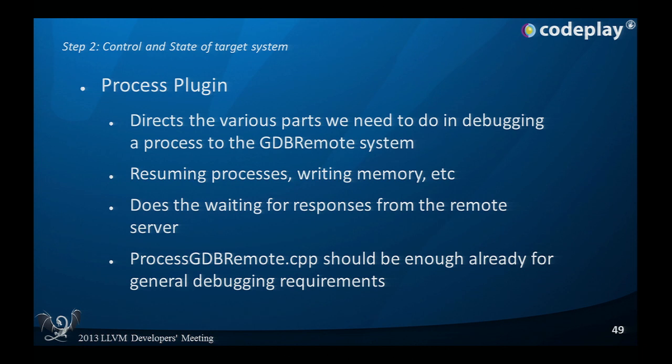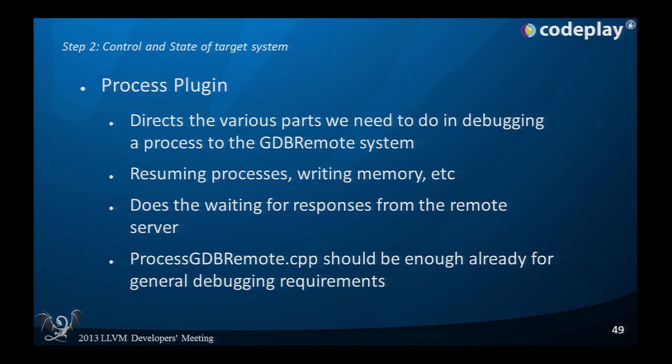Additionally, you want to update the process plugin, and this directs all the various read memory and resume process functionality to whatever you need it to be. For a remote process, remote architecture, the GDB remote one should actually be enough for your general requirements, and you could add things to it if your architecture needs it.